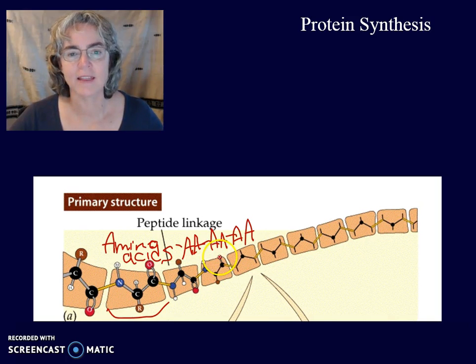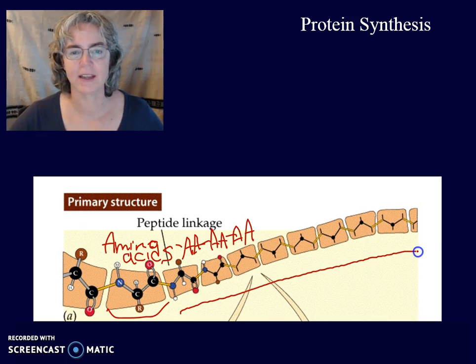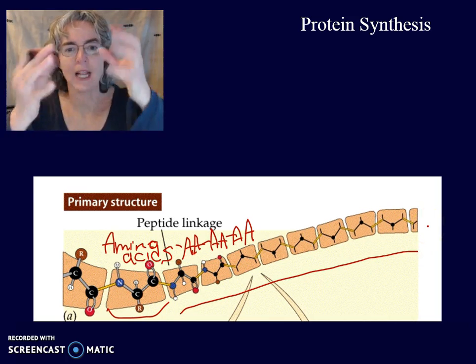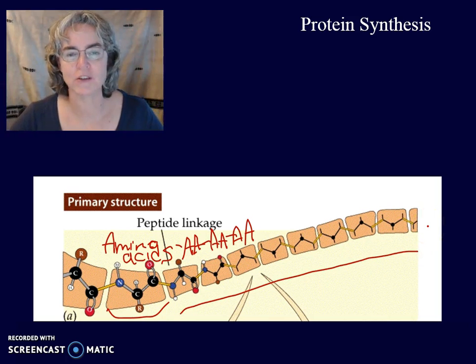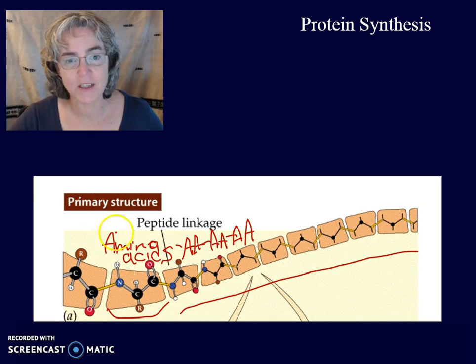And then that amino acid chain is going to be folded up into a three-dimensional structure to be a tool. So DNA has the code of which amino acids to put into our specific protein and what order to put them into.